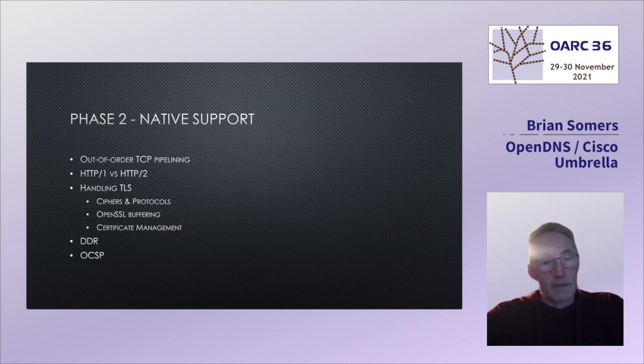So I implemented DoH using HTTP/1 initially. Fairly straightforward. HTTP/2 is a binary protocol, as I'm sure many people know. We ended up using nghttp2, which is a library that's available that Nginx uses. I guess that's where it gets the ng from. And this fit reasonably well into the resolver and our use of the TLS layer.